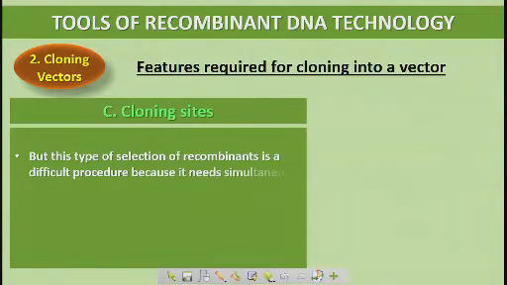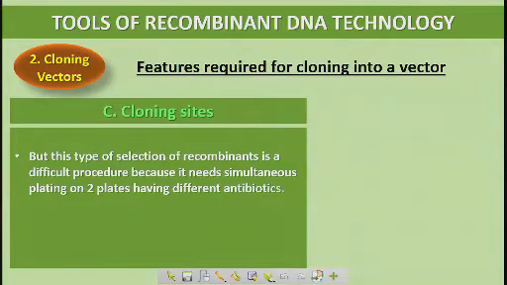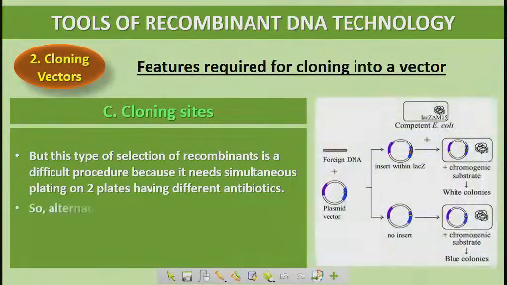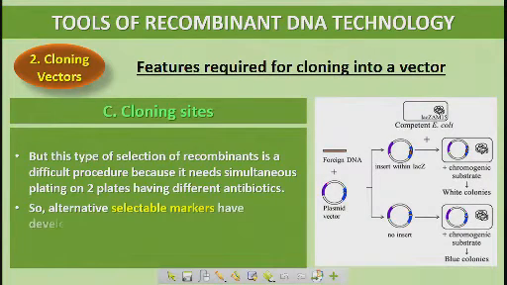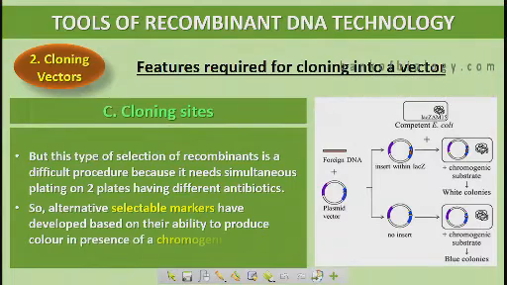But this type of selection of recombinants is a difficult procedure because it needs simultaneous plating on two plates having different antibiotics. So alternative selectable markers have been developed based on their ability to produce color in presence of a chromogenic substrate.